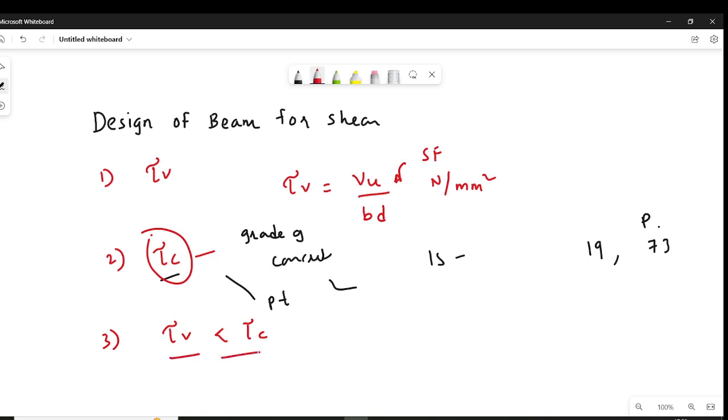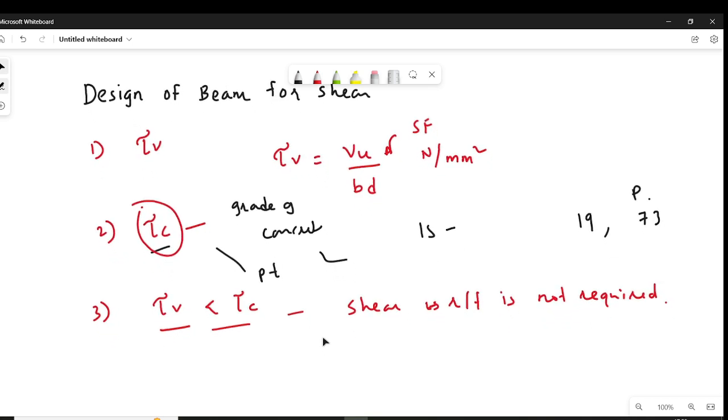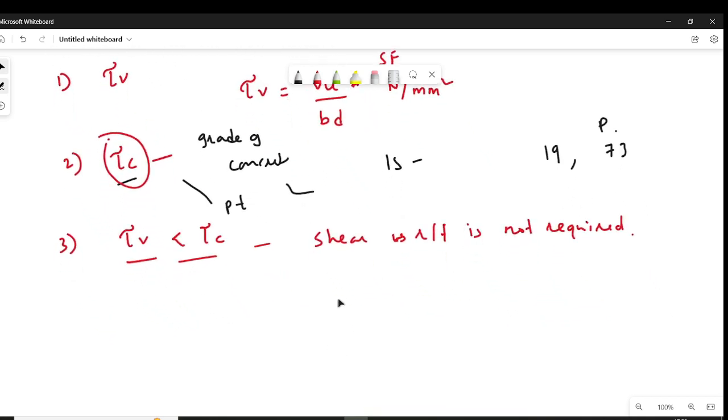If tau v is less than tau c, then we can say that shear reinforcement is not required. But that does not mean that we are not providing any shear reinforcement.